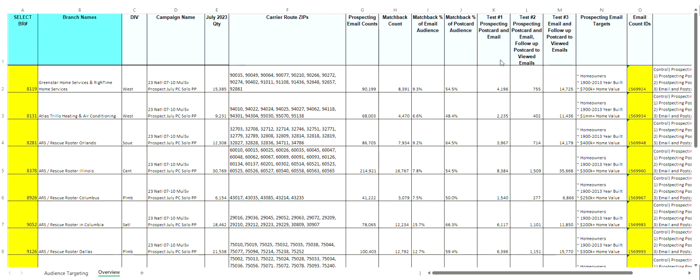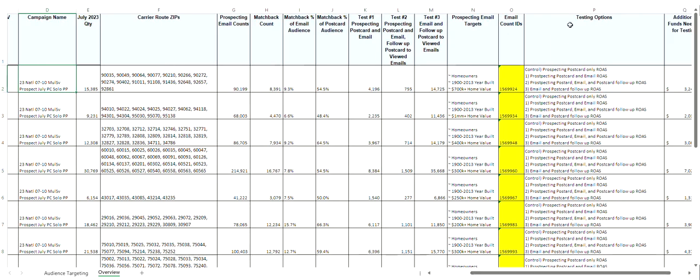The testing we would like to do is listed here in the testing options. The control is the postcards that are not getting any email or additional postcard, and we can use that as a return on ad spend. Then for the different options, we have the prospecting postcard and email.